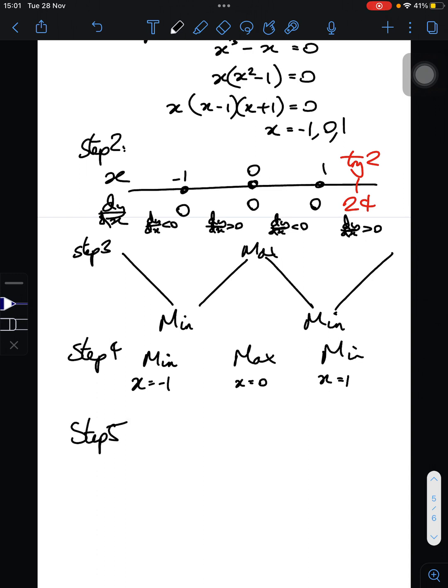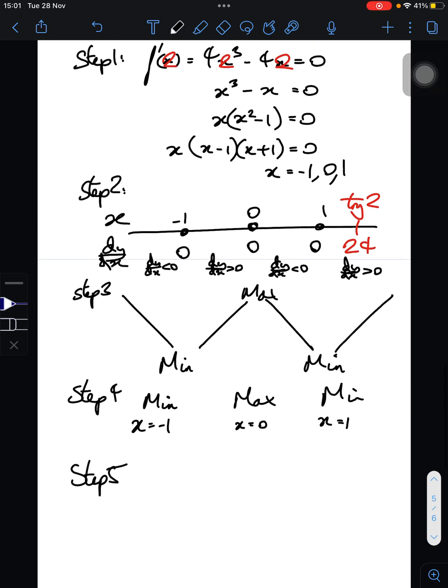Step 5, now we're doing our second order differentials. So to locate the inflection points, we need to differentiate again. And so we have our differential, which we found out was 4x cubed minus 4x.